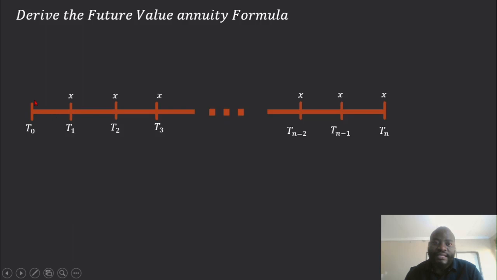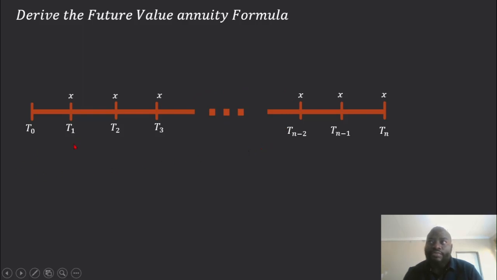If the payment was here, yes, it would have been n number of periods. But because it's here, the first payment is going to be in the account for n minus 1 number of periods.